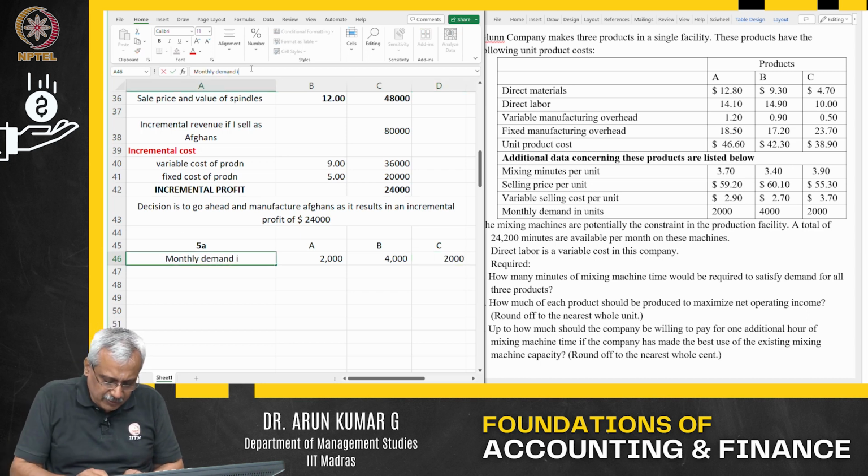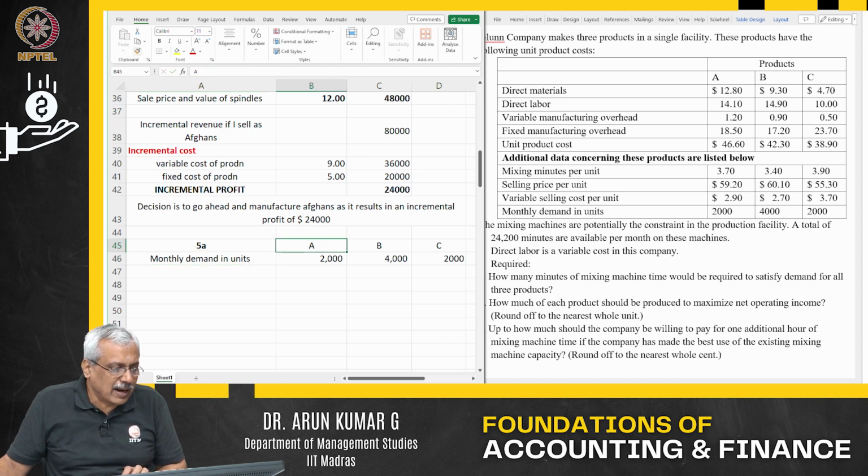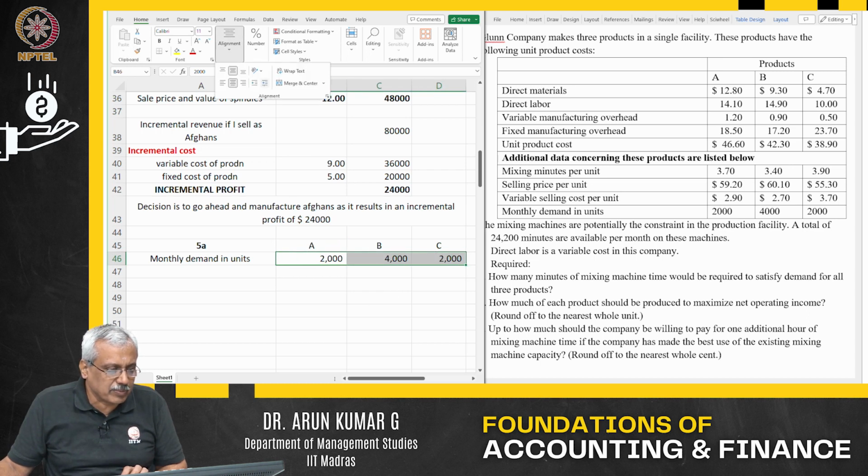This is the monthly demand I have of these 3 products, and let us stick to this monthly demand in this particular case. I am just going to center this. Not working, I don't know why. Anyway, that is okay.